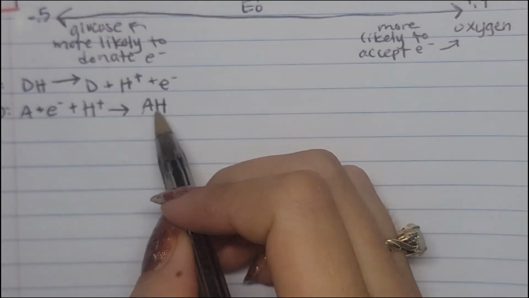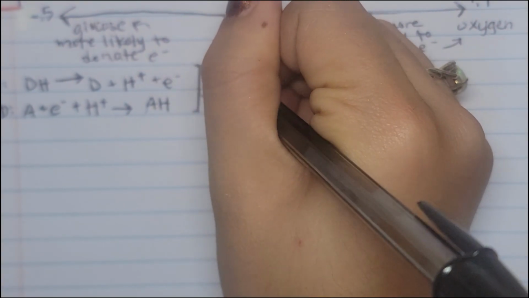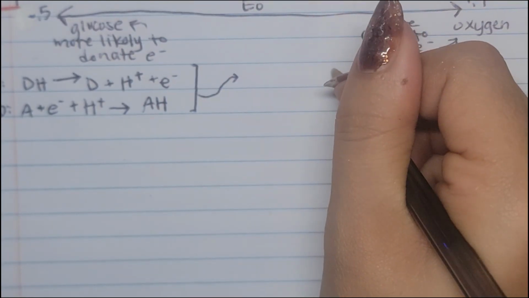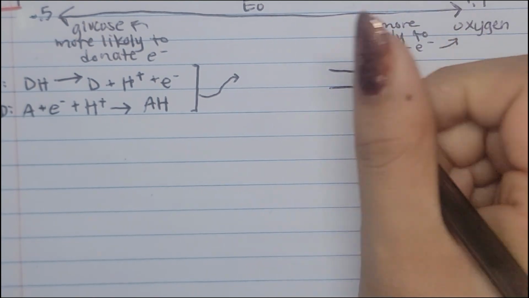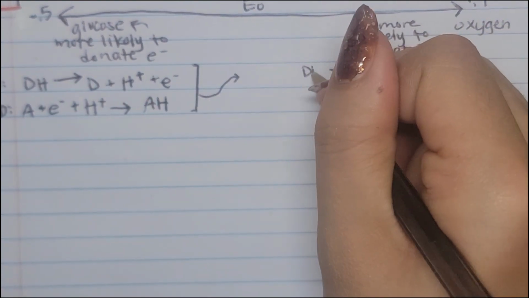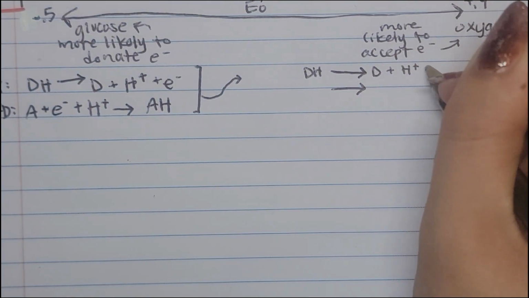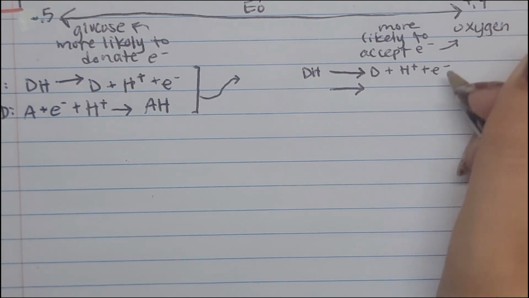So if you put these half reactions together, you could make the whole reaction. If we were to write both of these reactions with their arrows aligned, we have DH turning into D plus H, or D plus a proton plus an electron.